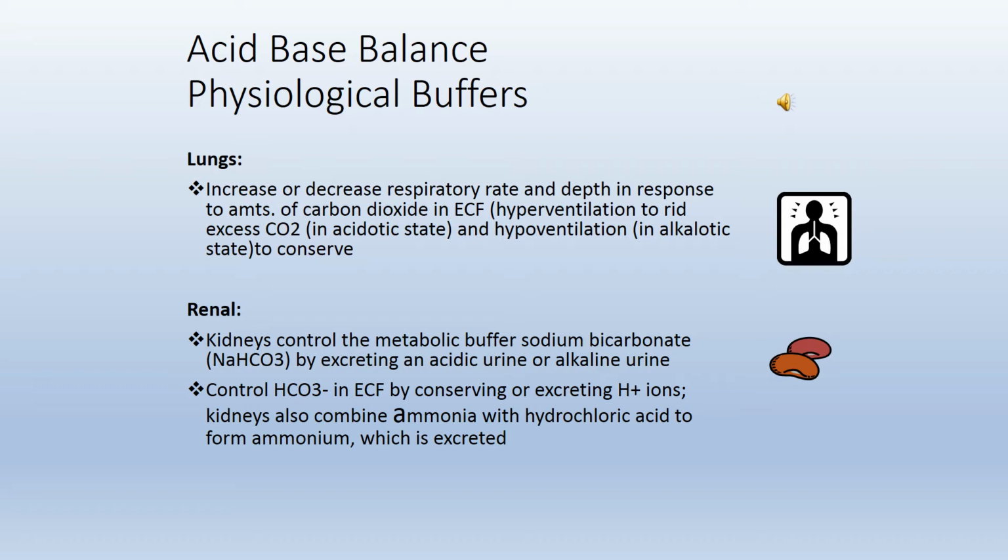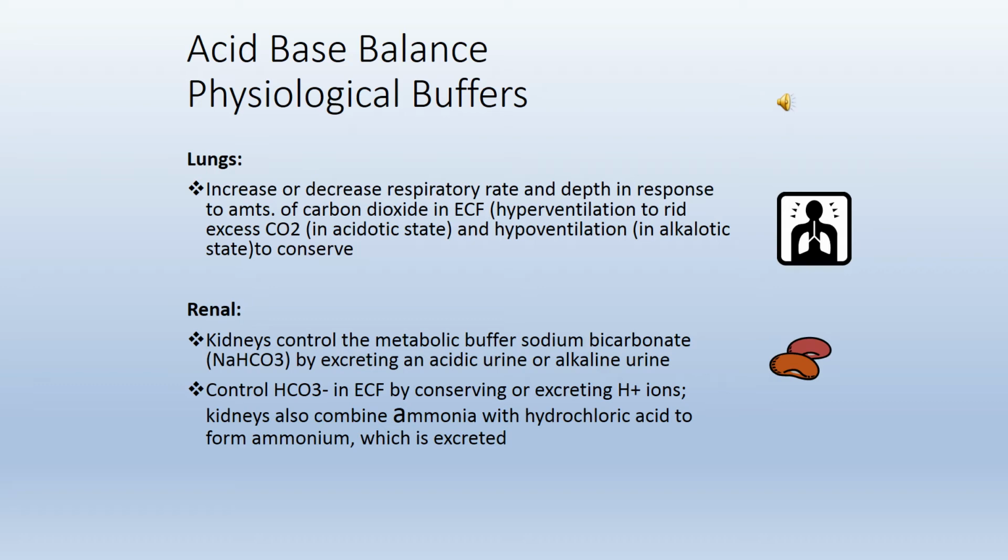The lungs help regulate the acid part of the pH balance. So pretty much the lungs are associated with the CO2. How do the lungs help? Well, they either increase or decrease the rate of breathing. So they'll either breathe slower or deeper in response to the pH. Okay? So that is pretty much how the lungs compensate.